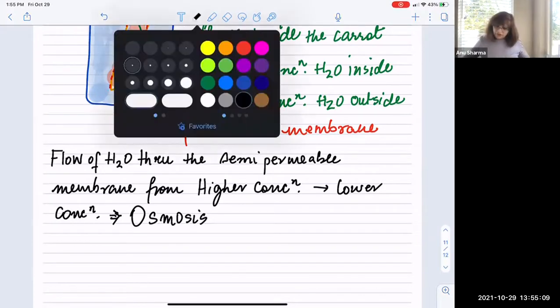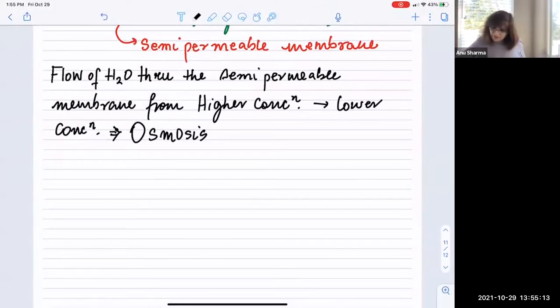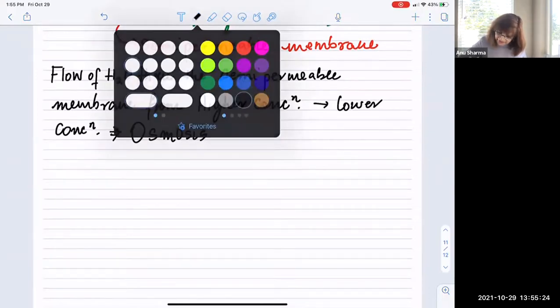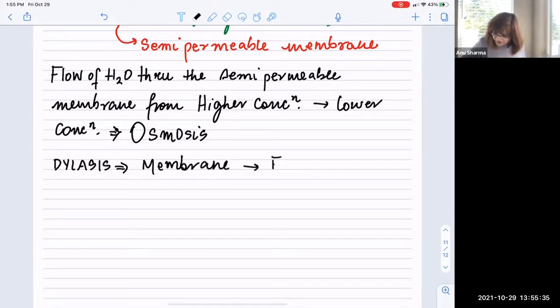Okay, so I'm running out of time here also. So what we're doing now is we can leave some of this other stuff. You are welcome to read it. So based on this, dialysis is basically, now we figured this out. Through a membrane, we can also filter ions.